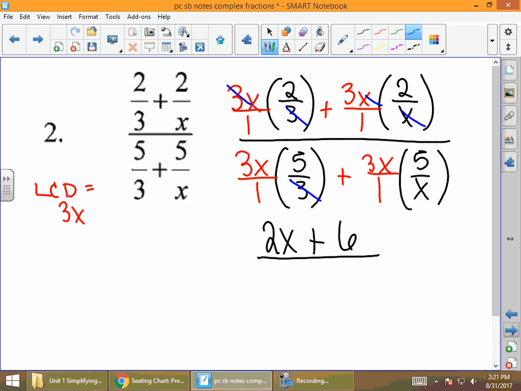Well, we have a 3 here and a 3 there. And we're left with x times 5. And finally, on this last fraction, do we have anything exactly the same on the top and the bottom? We have an x, and we're left with 3 times 5, which is 15.